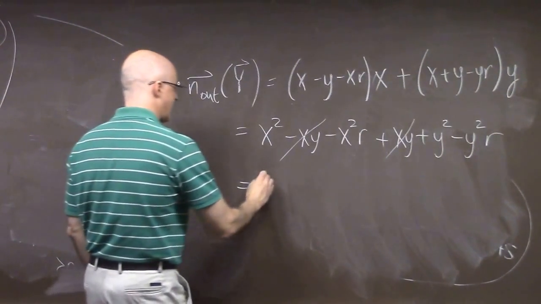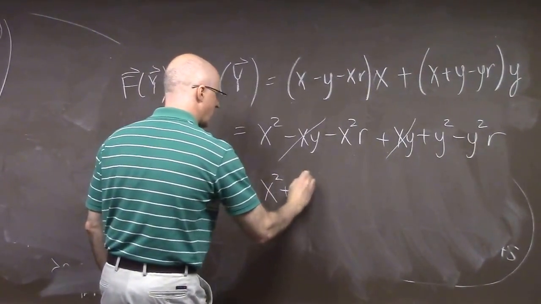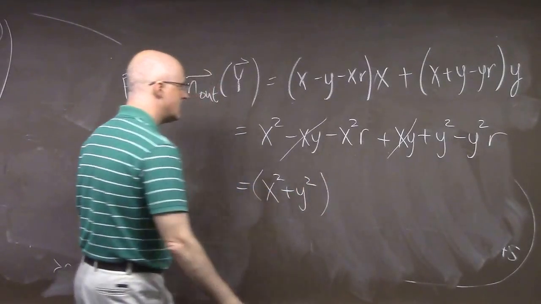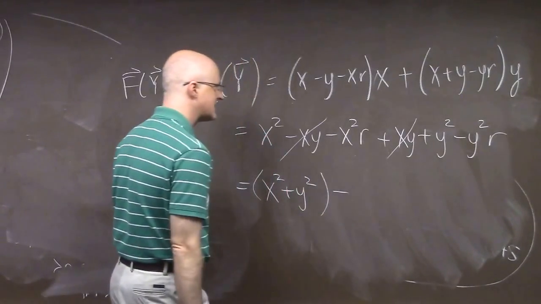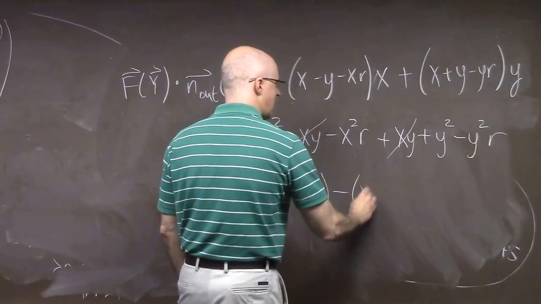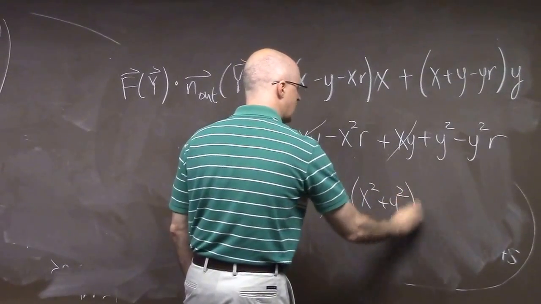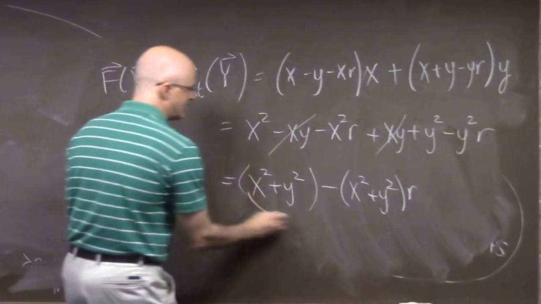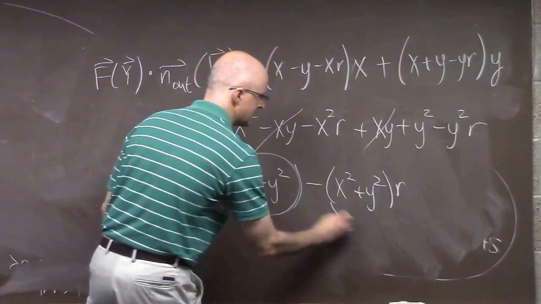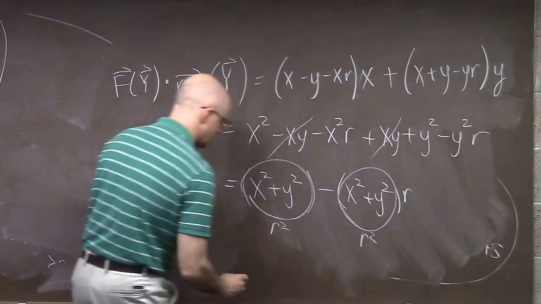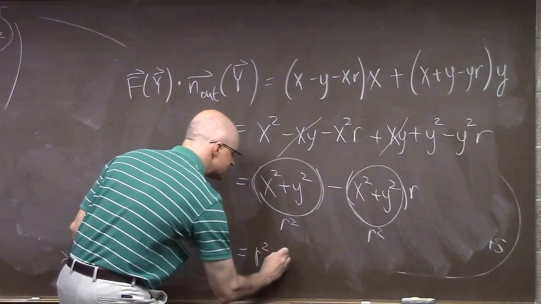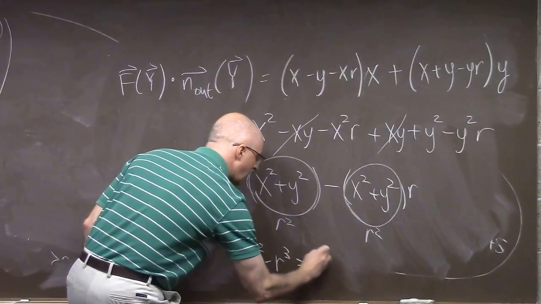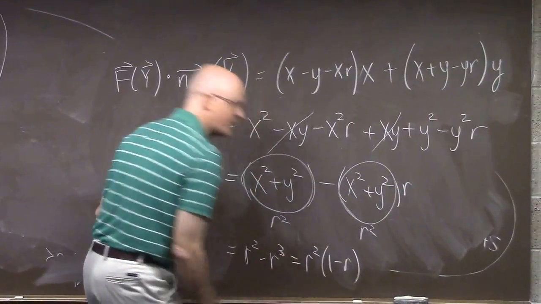You really got an x squared plus y squared minus x squared plus y squared times r. This can be thought of as r squared. This can be thought of as r squared. You really have r squared minus r cubed. R squared times 1 minus r.